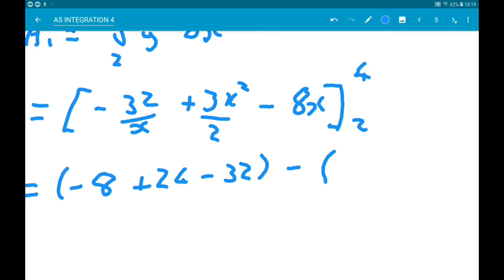So minus 32 over 2 is minus 16. 3x squared over 2 is going to be 12 over 2, so 6. And then we have minus 16.